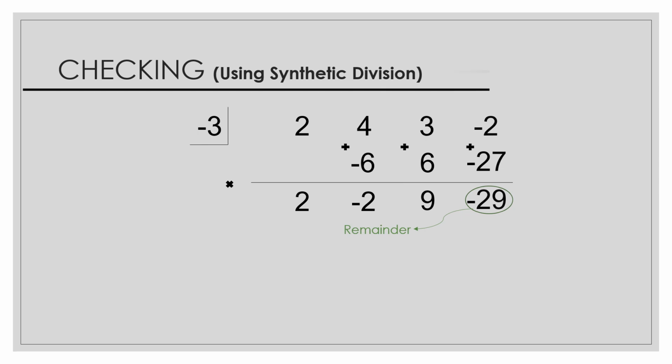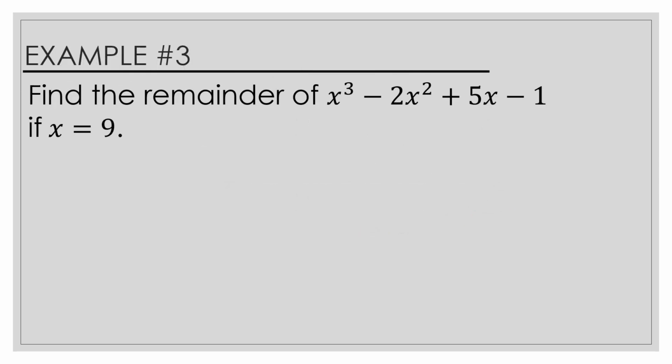Now, let's have one more example. Find the remainder of x cubed minus 2x squared plus 5x minus 1 if x is equal to 9. Since we already have the value of x, we don't need to equate the divisor to 0. Now, let's proceed in substituting 9 for x.